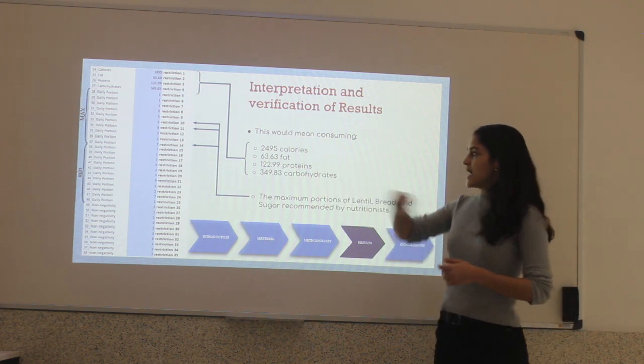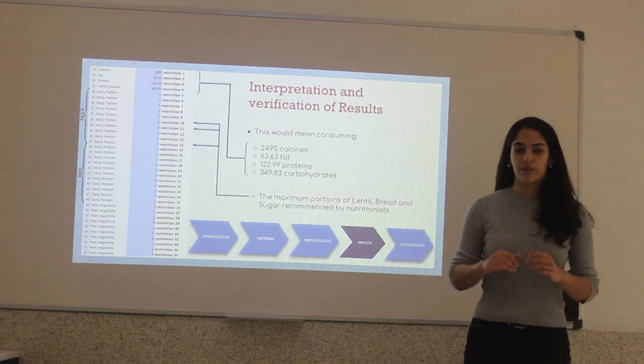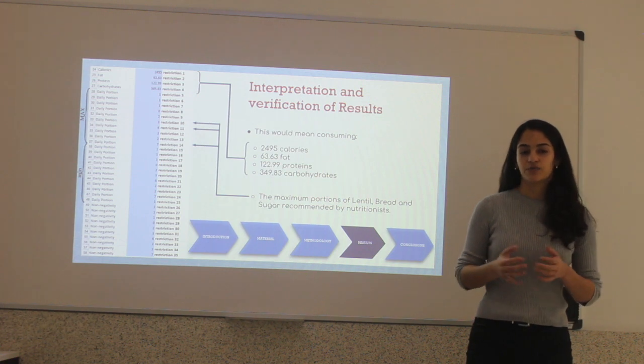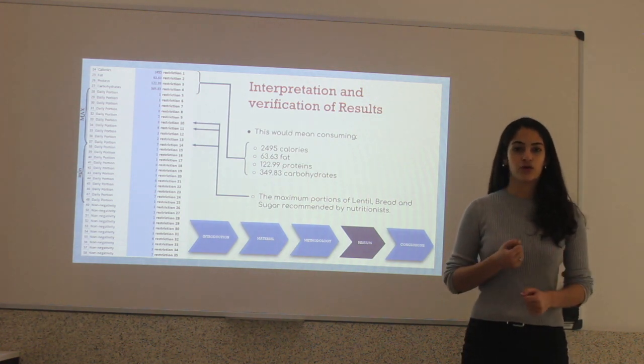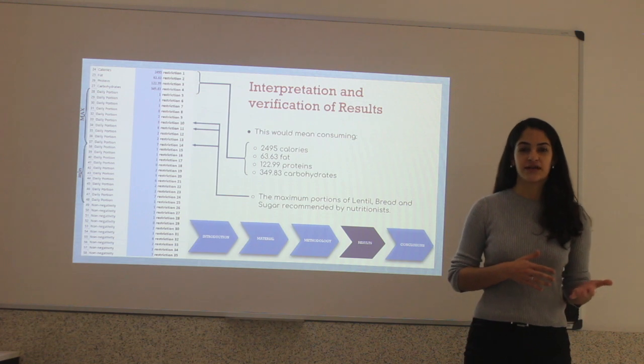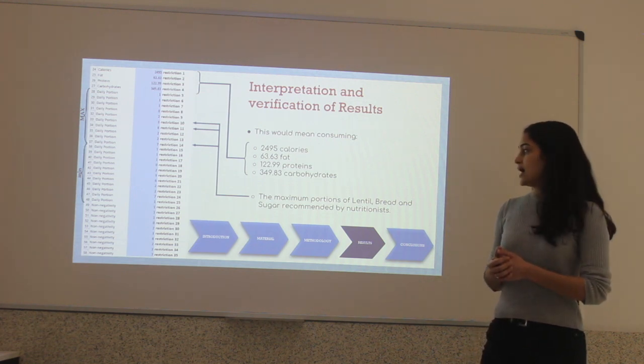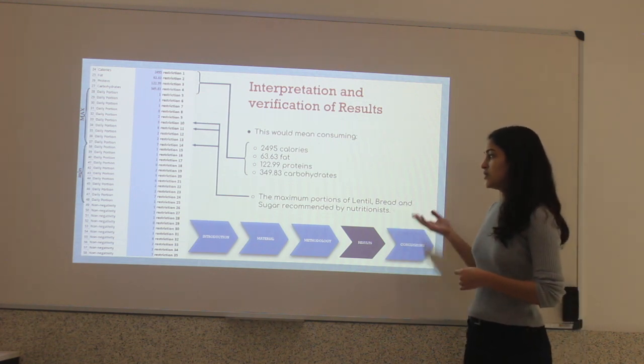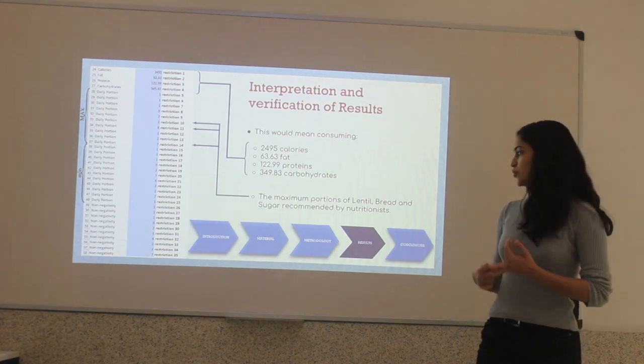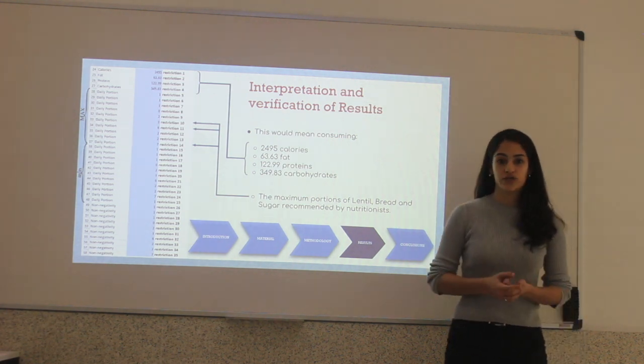Specifically for the amount of protein, by further researching, we know that this person wouldn't actually absorb this amount of protein given the lack of exercise that they do weekly. And at the same time, they would be consuming the maximum portions of lentils, bread, and sugar recommended by nutritionists.